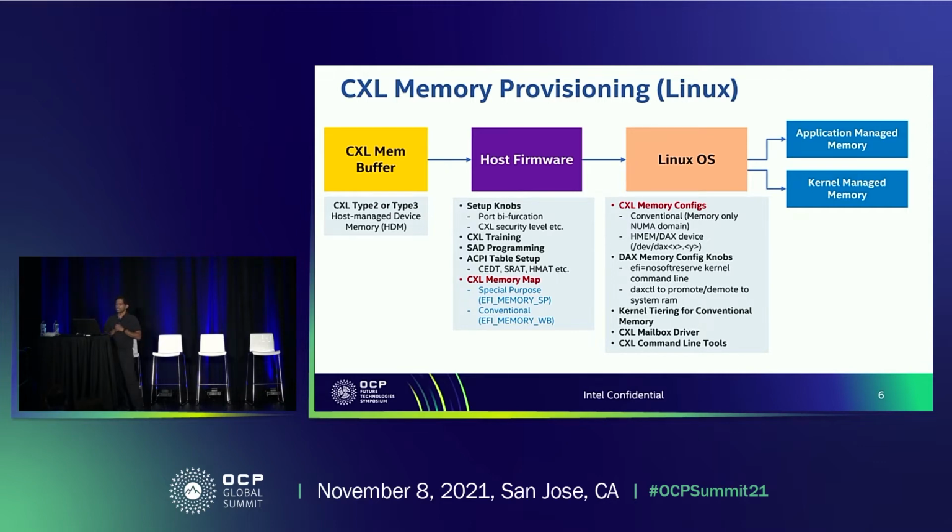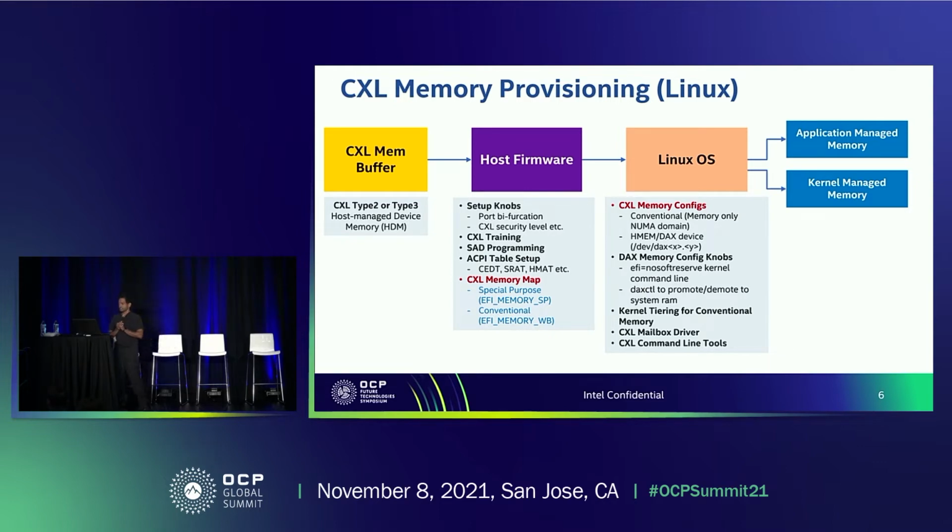Last but not least, there are 2 attributes in the CXL memory buffer memory map that decide how the memory is bubbled up to the operating system and how the operating system sees and configures the memory when it boots up. There is a special purpose memory attribute. If the firmware tags that as special purpose memory, the Linux operating system configures that as a DAX device, not as conventional kernel managed memory.